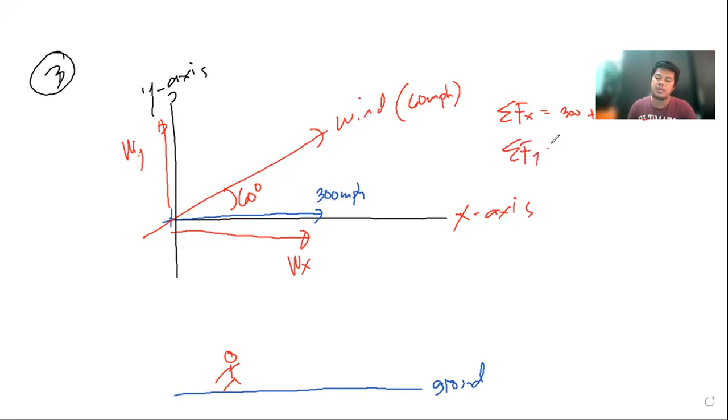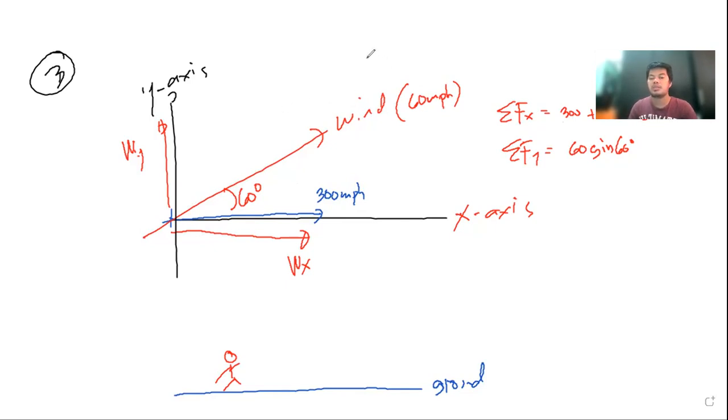The summation of the forces along the y-axis would be 60 sine of 60 degrees. This would be the y component of the wind. For the airplane, the component along the y-axis is 0, because it's running horizontally.